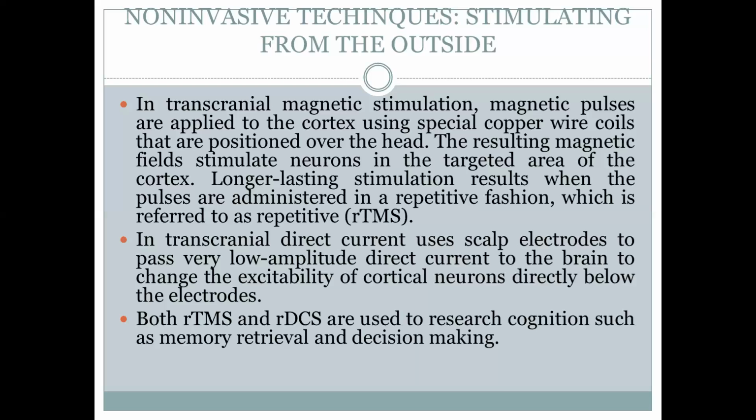Furthermore, the brain has widespread connections, so stimulating one area is likely to affect other areas. In one study, inhibitory stimulation of the left prefrontal cortex resulted in reduced blood oxygenation on both the left and right sides of the prefrontal cortex.